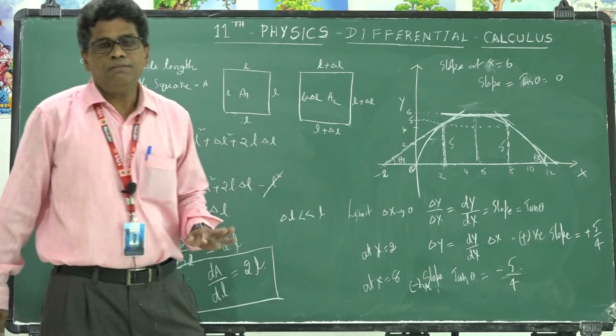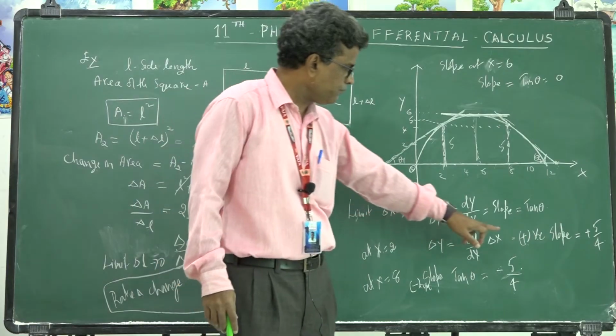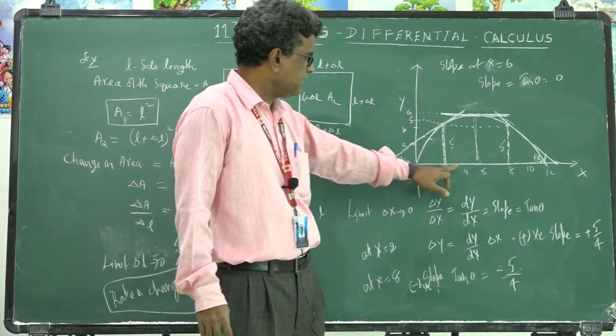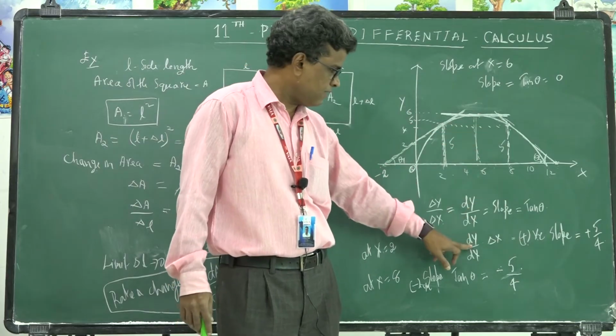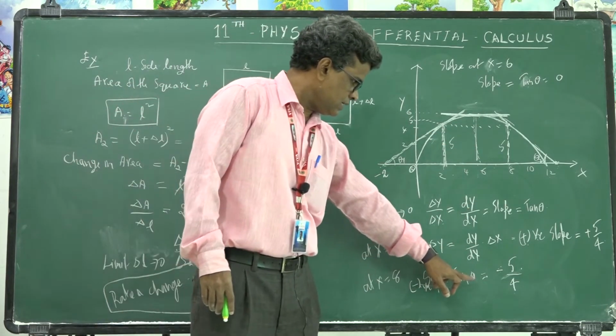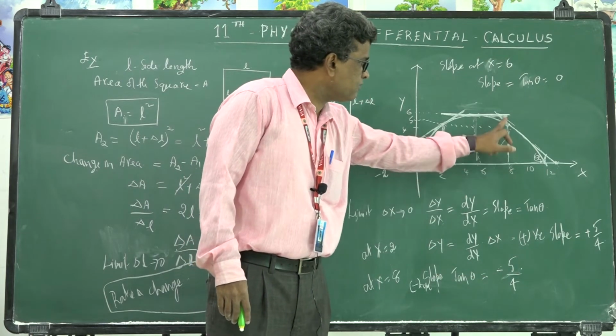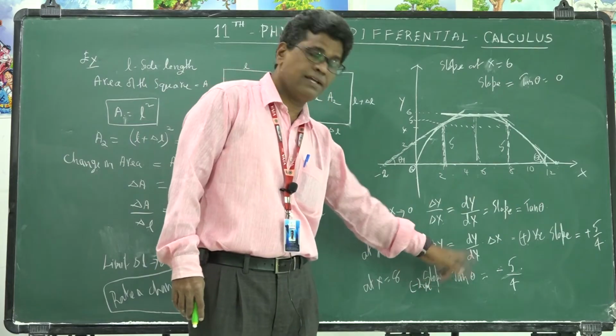So here I want to conclude 3 points. Point number 1: if slope is positive, that means as x increases, y also increases. Point number 2: as x increases, y value starts decreasing, that means slope is negative.